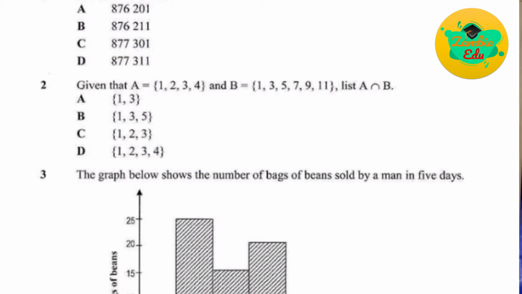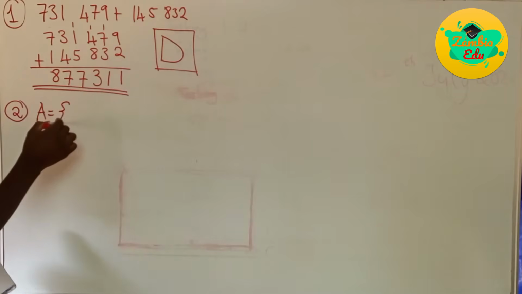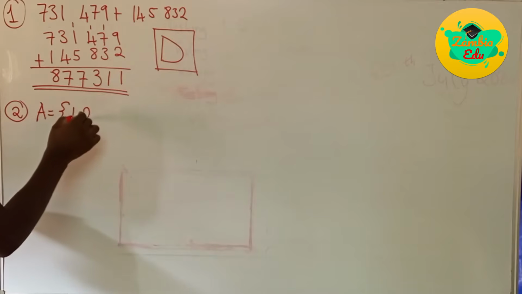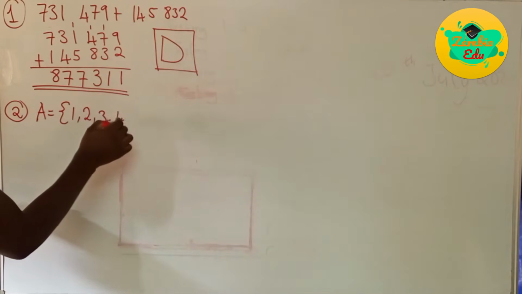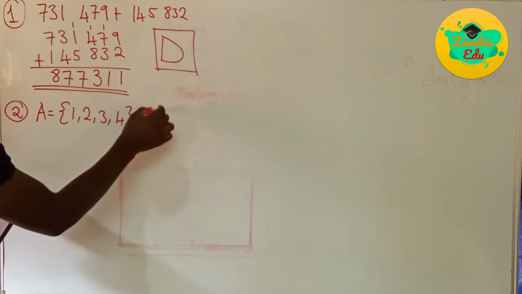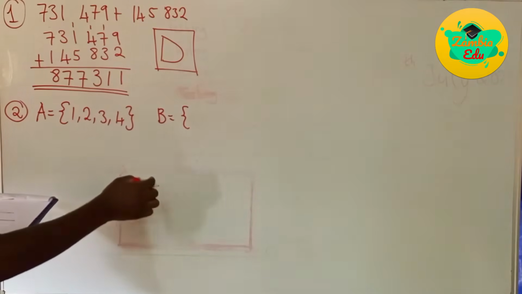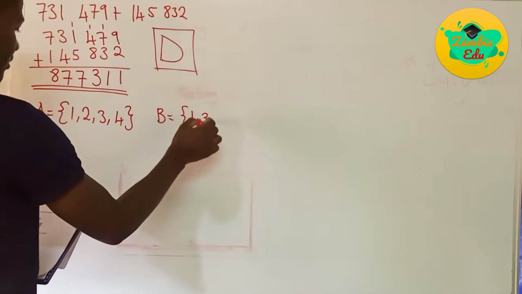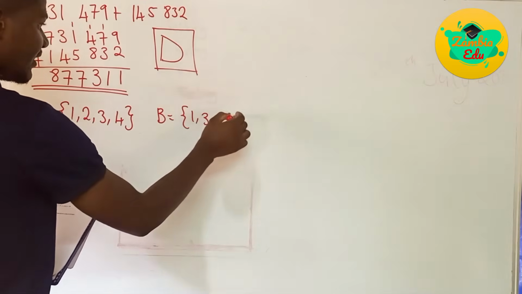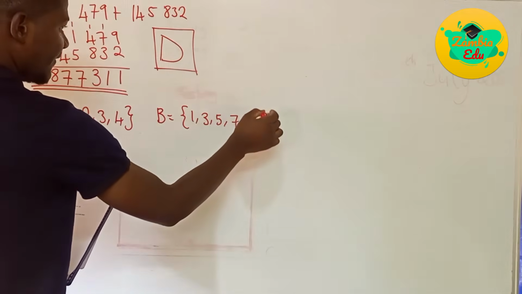Okay, question number 2 reads, given that set A is equal to 1, 2, 3, and 4, and set B is equal to 1, 3, 5, 7, 9, and 11, list elements of A intersection B. So we've been given our set A is equal to 1, 2, 3, 4, and our set B is equal to 1, 3, 5, 7, 9, 11.